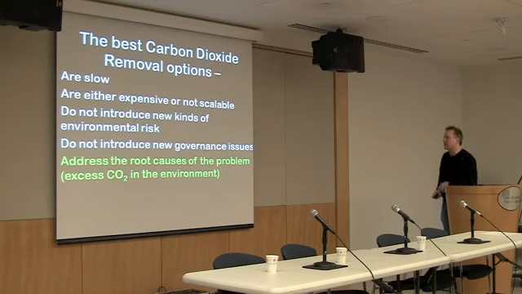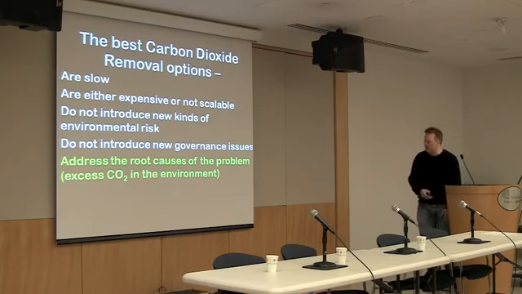The best of them don't introduce new kinds of environmental risks. Most of the risks have to do with local effects and not global risks. Most of them don't introduce new governance issues, although some of them do. But they do address the root cause of the problem, which is removing CO2 from the atmosphere, and it's the carbon dioxide that's heating up the Earth.